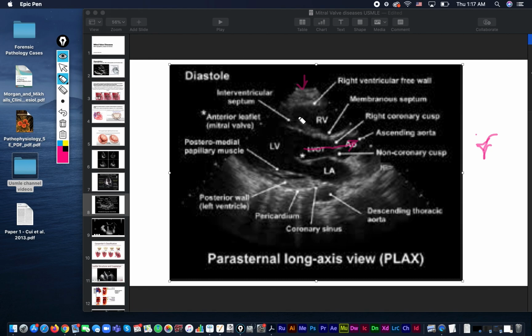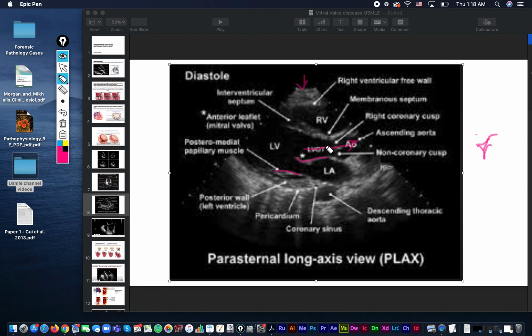Right ventricle, you don't see the right atrium. Here's the mitral valve leaflet. Here's the mitral valve leaflet.